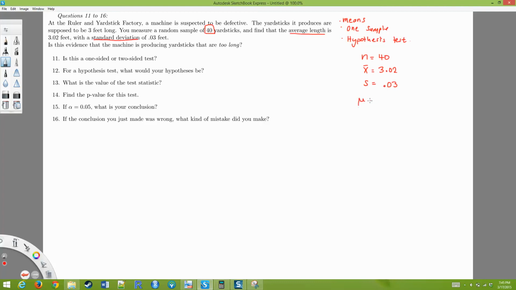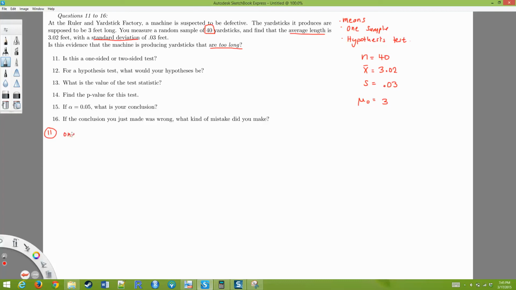What is our mu0? 3, because it's supposed to be yardsticks that are exactly 3 feet long. Now, the question asks, is this evidence that the machine is producing yardsticks that are too long? So that's going to be our hint to our first question, number 11. Is this a one-sided or a two-sided test?